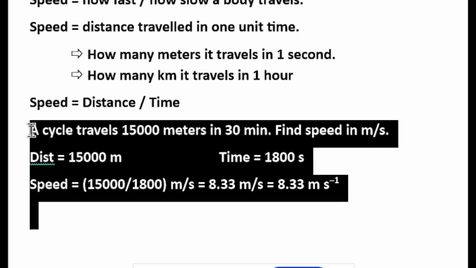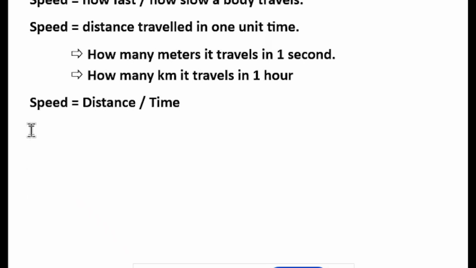One more question. The speed may be given, time may be given, that we will do next week. Convert, say, 72 kilometer per hour into meters per second.